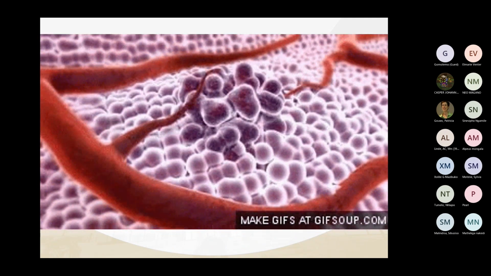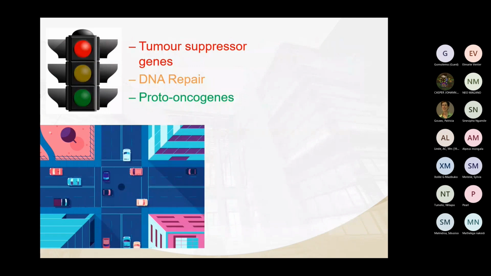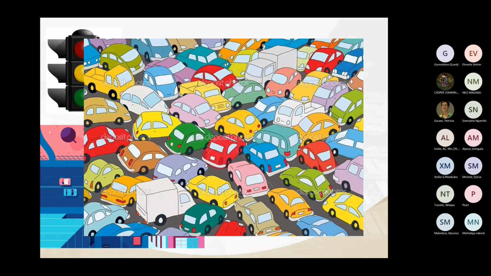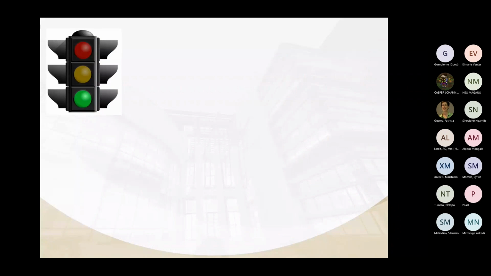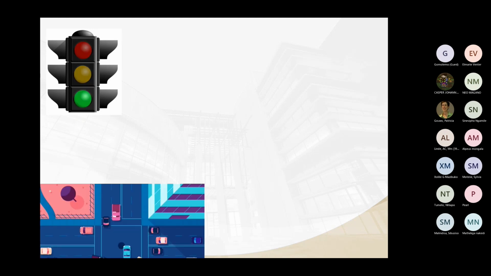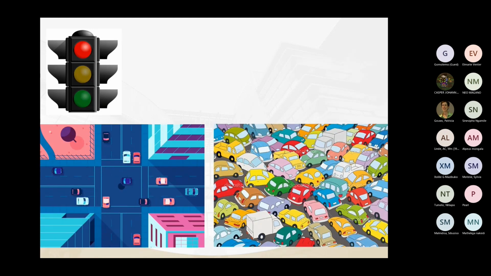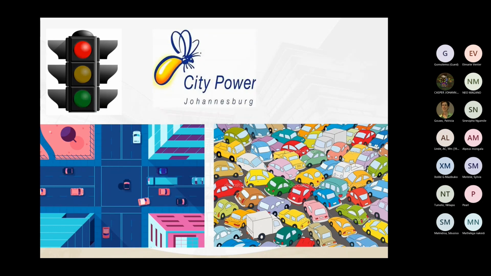So there is that faulty traffic light in this case. So who can tell me what happens in a normal situation where the traffic light is not working? What do we do? Well, if the traffic light is not working, it's mostly because of city power. And what we can do is then approach them and say, please fix the light.